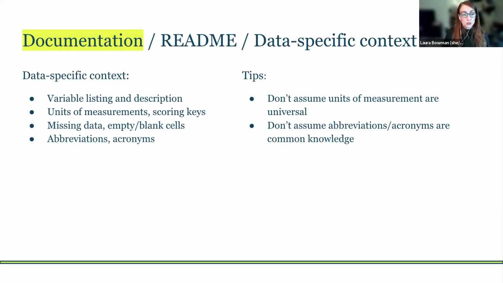And then I do want to call out this missing data or empty blank cells. This is something that we run into a lot while I'm curating, especially. So if there are, and this obviously applies mostly to tabular data, people won't know what the empty cells are unless you specify that in the README. It might be missing data that someone forgot to enter in there.